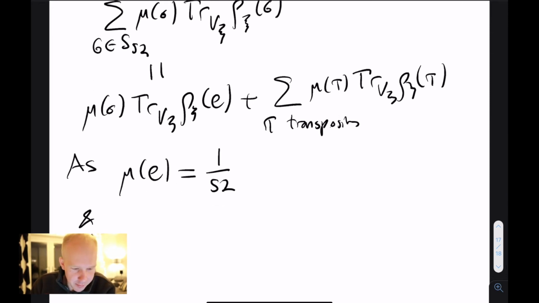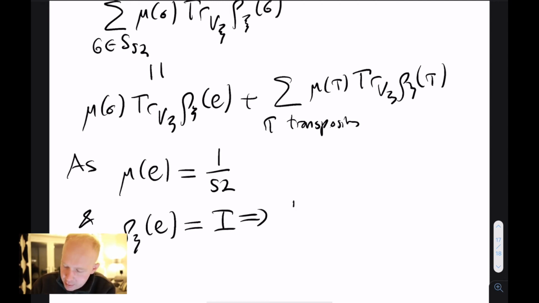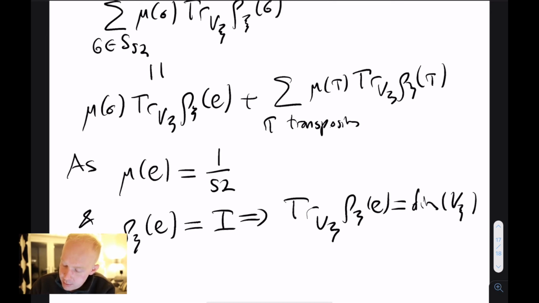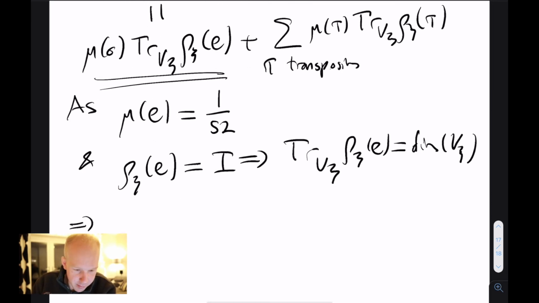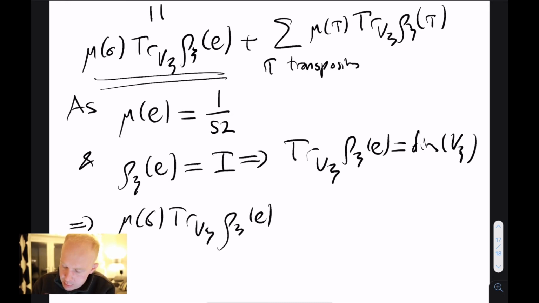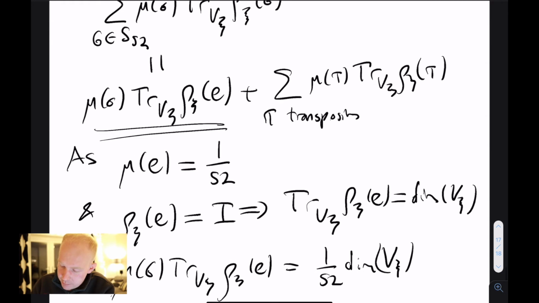And ρ_ψ at the identity is the identity matrix, which implies that the trace of ρ_ψ(e) is equal to the dimension of the vector space. So the first term is equal to 1 over 52 times the dimension of the vector space. Okay, so that's the first term.